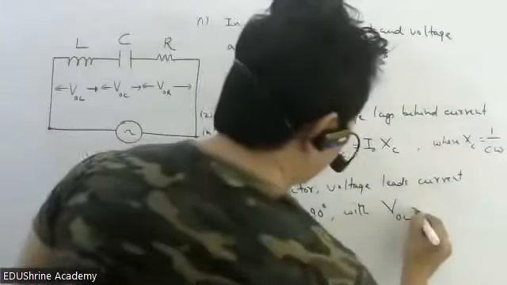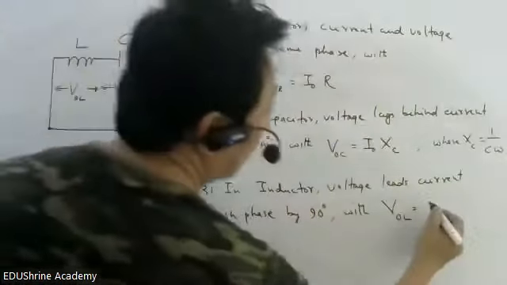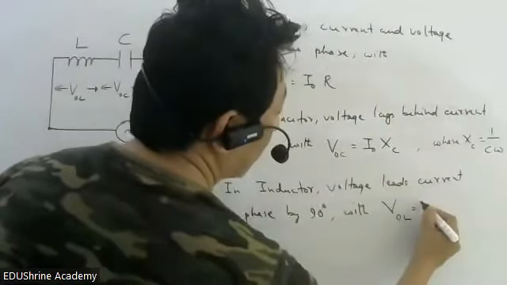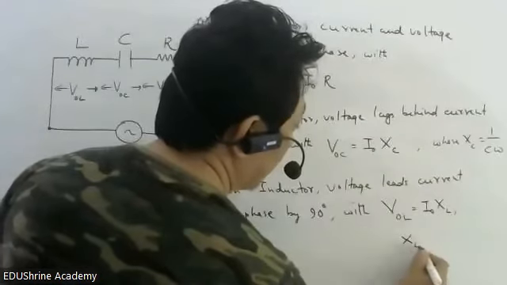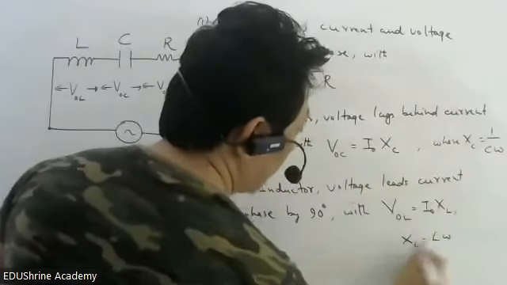What is the formula? If you see these three formulas and tell me. I naught XL, where XL should be L omega.